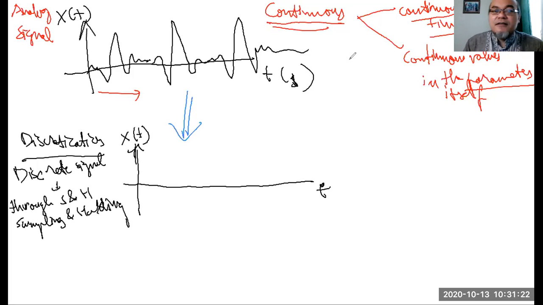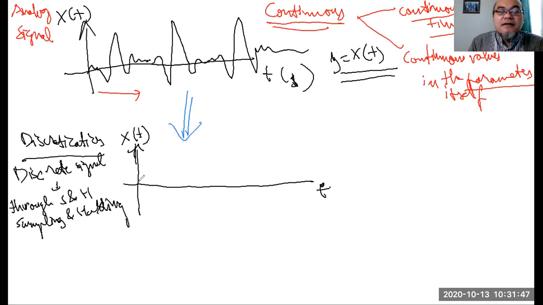So if previously y equals x(t), this is a continuous signal, which we learned multiple times from elementary school, high school, and also university. But when it is being sampled, it is not continuous anymore in the time domain, but still continuous in the parameter itself.